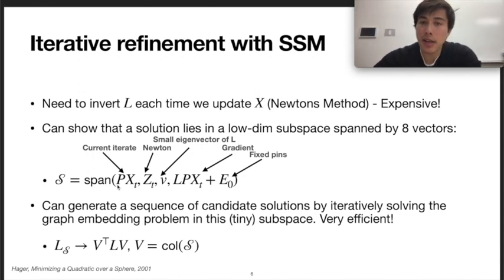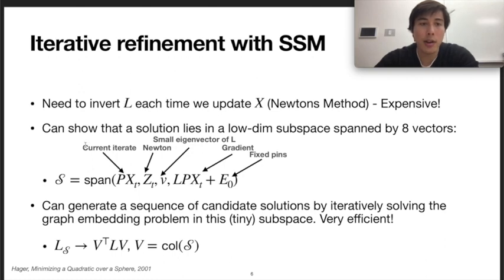The idea is based on Newton steps adapted to our constrained optimization problem, and we extend this method further with a subspace scheme, because, as you're probably familiar with, Newton's method is relatively expensive for quadratics. It necessitates inversion of L, a Laplacian-like matrix, which can be done quickly, but iteratively the cost adds up.